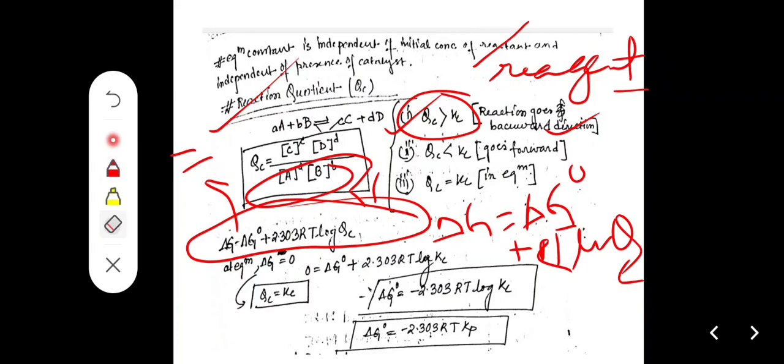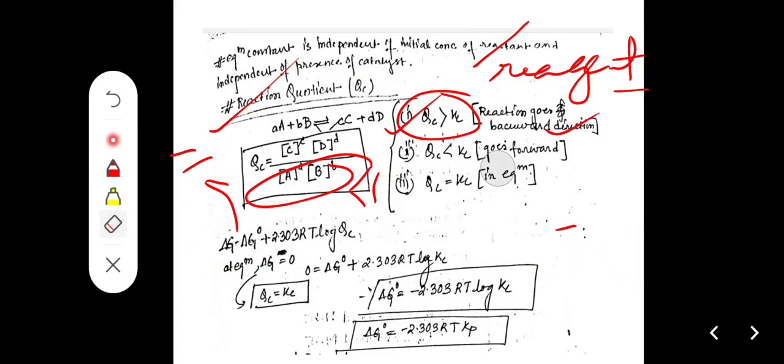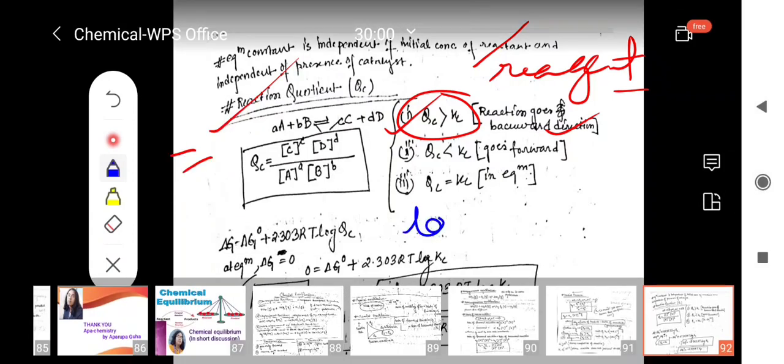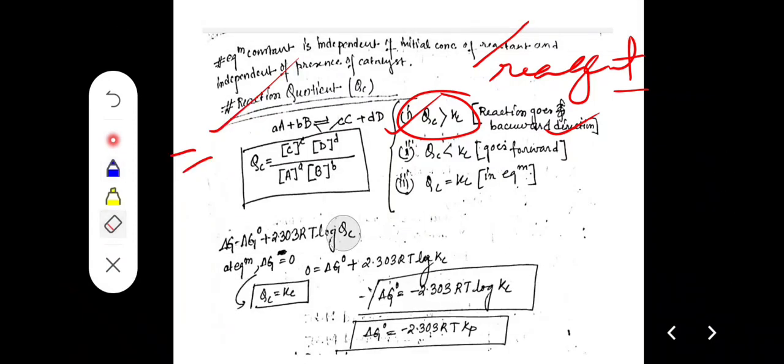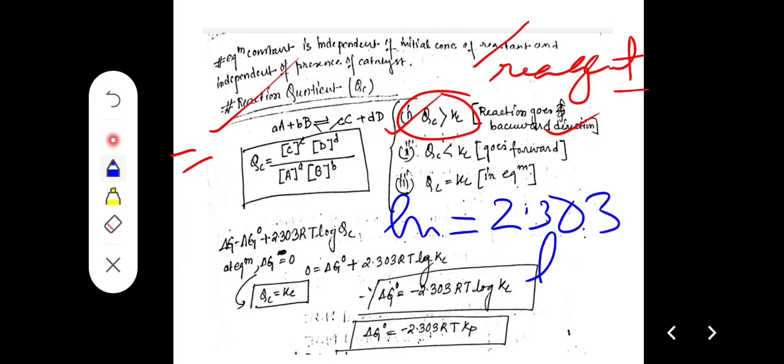As we know, ln equals 2.303 log, so we put in that value.